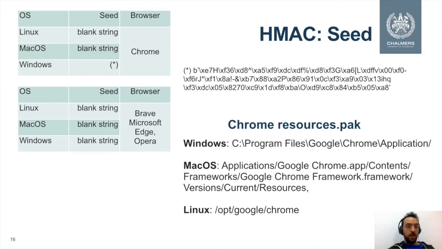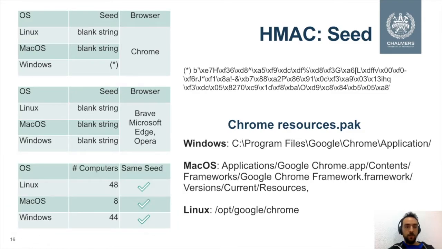Similarly, we can see how Brave, Edge, and Opera just use the blank string everywhere. We extracted the seed multiple times on different platforms and we got the same seed every time. So once we know that the seed is somehow fixed, let's see what happened to the message.